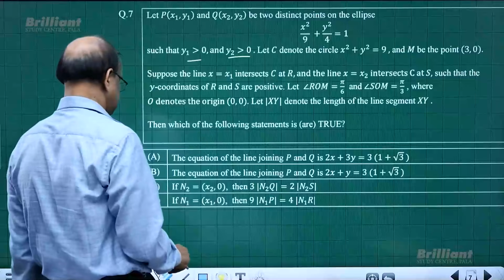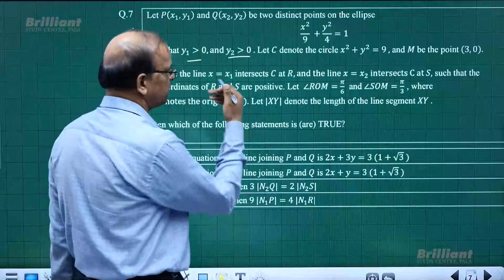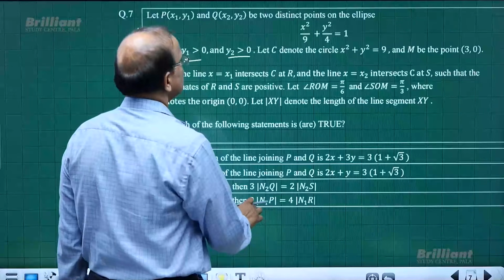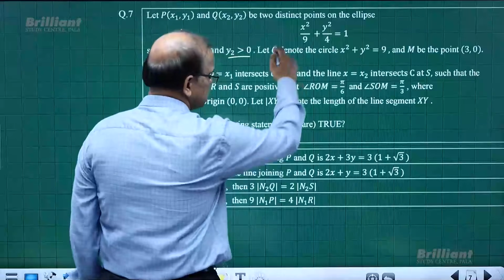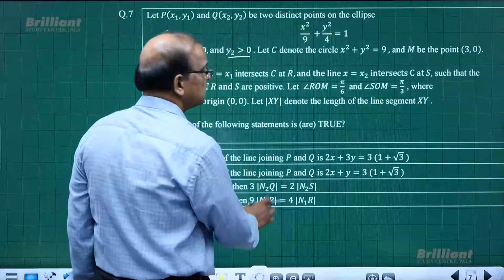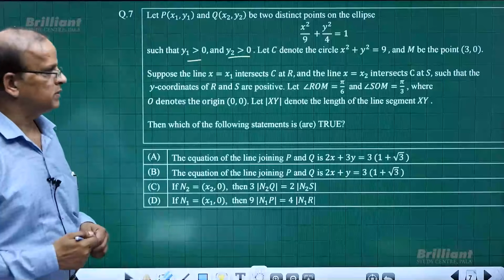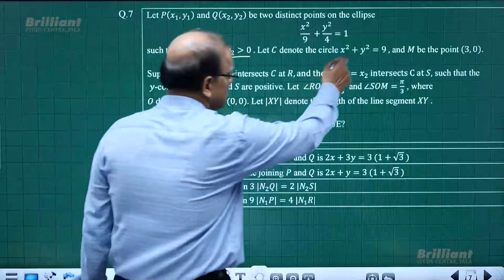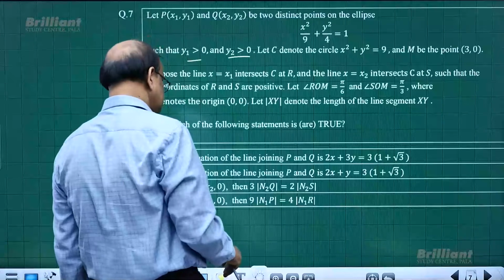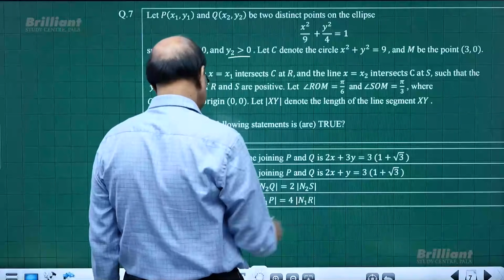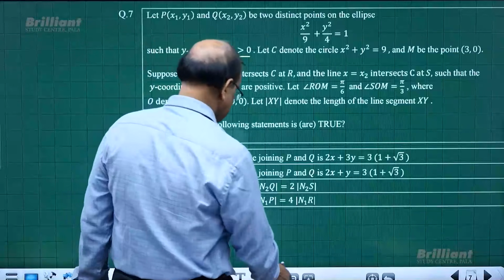For this, I will move up because space is not there. It is an ellipse with A greater than B. We can draw it with the auxiliary circle. Now we can find the equation of PQ and these distances.